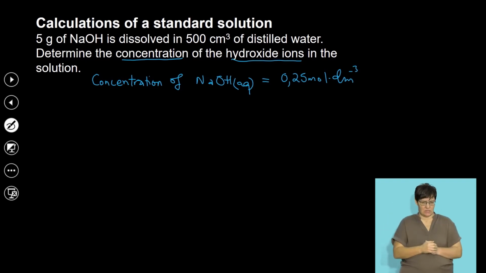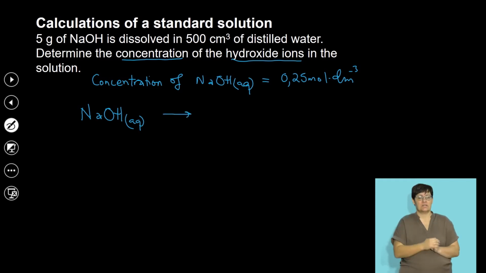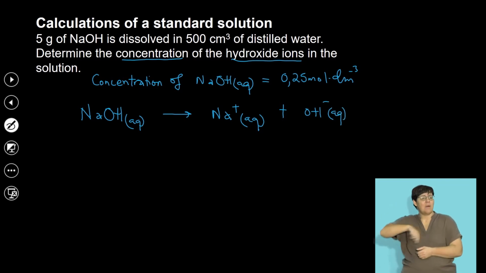Now, when this sodium hydroxide solution, a homogeneous solution, dissociates completely, we have the sodium ions as well as the hydroxide ions. Now, this question demands that we determine the concentration of the hydroxide ions in the solution.